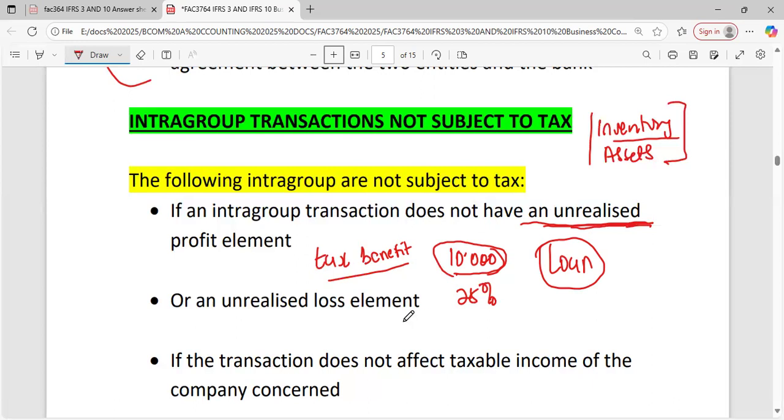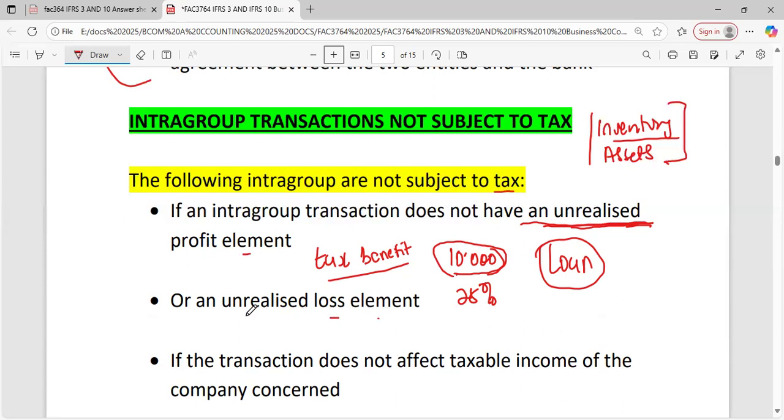You can even see here, they say the following intragroup transactions are not subject to tax if they do not have an unrealized profit element or unrealized loss element.